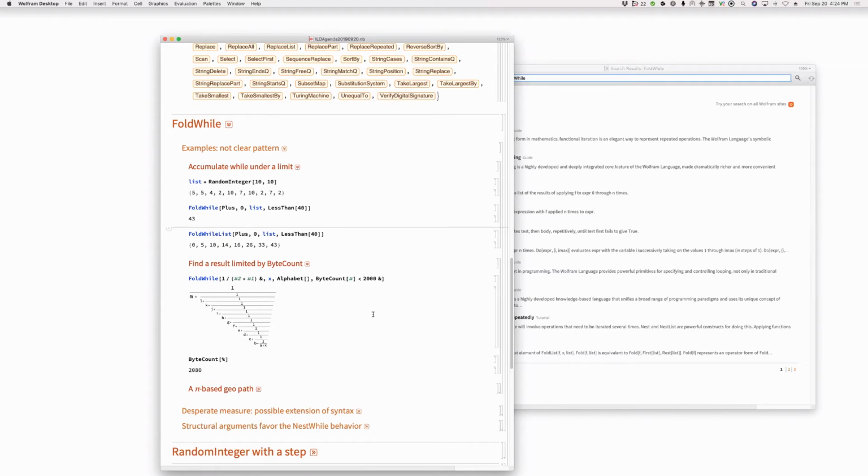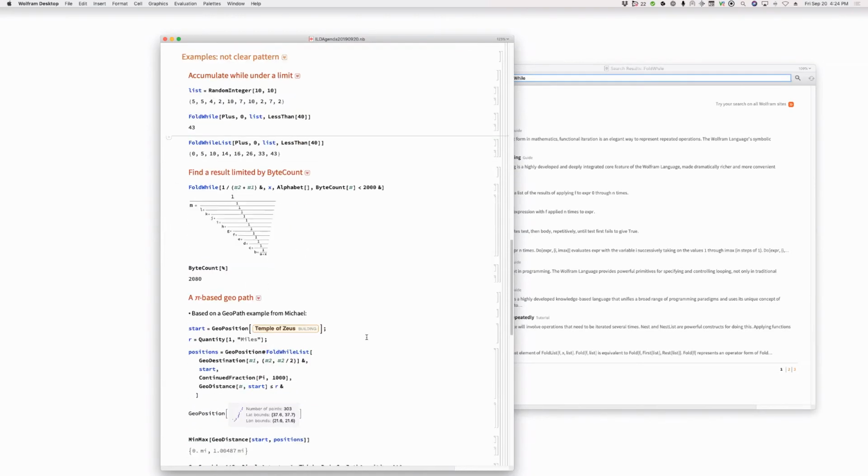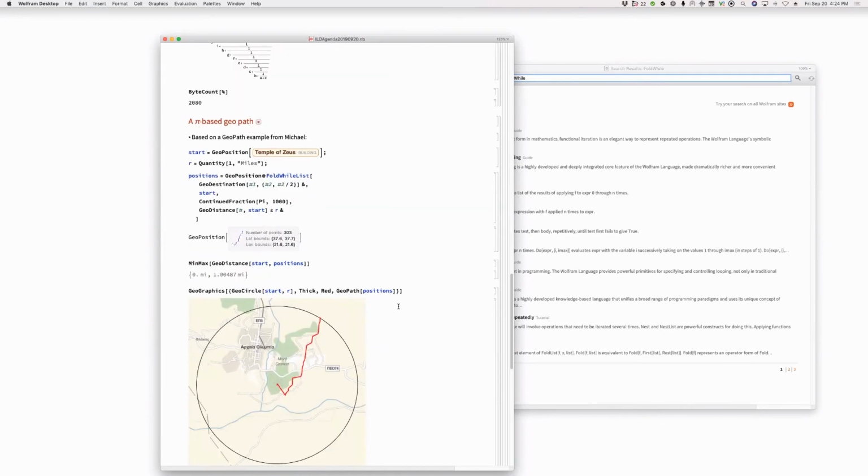Yeah, I agree, for examples or whatever. And this is a bit like a random walk with geopaths based on something that Michael constructed. It's amusing.